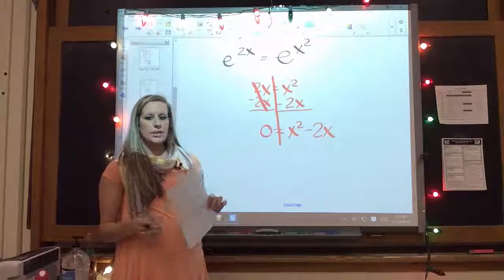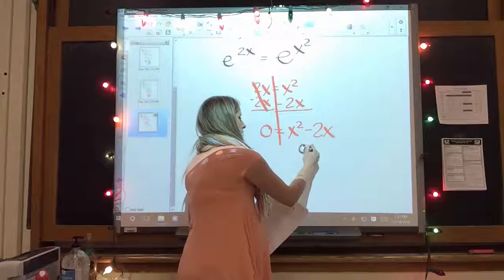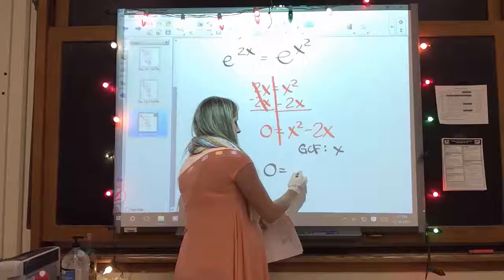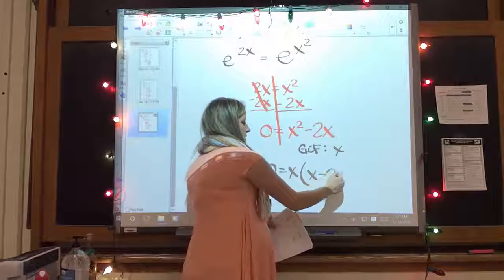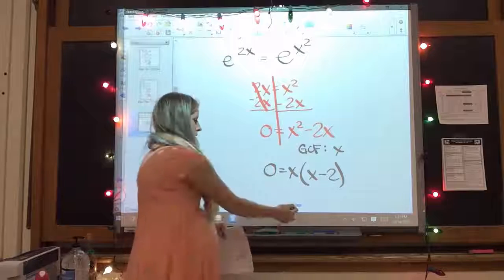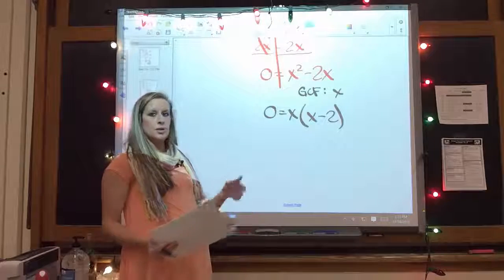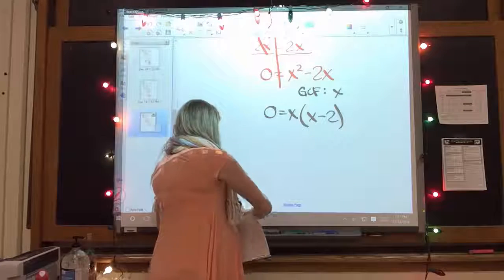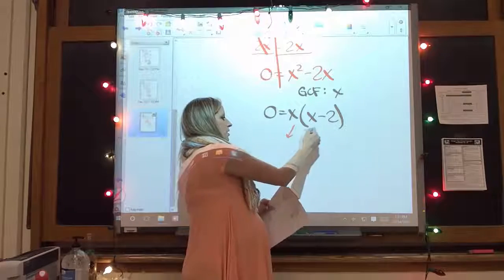So whenever I factor, I'm going to look for the greatest common factor, and they both have an x. So I'm going to pull an x out of both. So I'm left with x minus 2. Okay, you should remember that from factoring a few months back. Okay, so now we can split these apart.